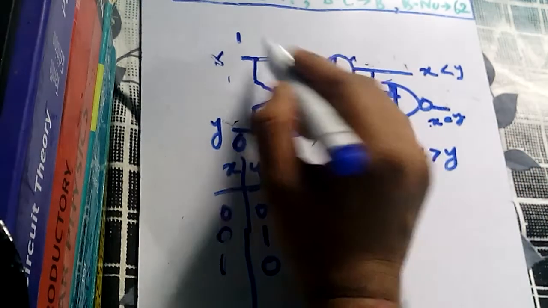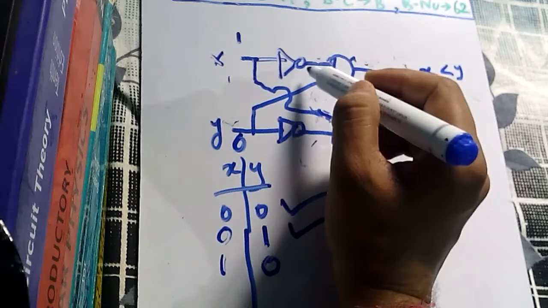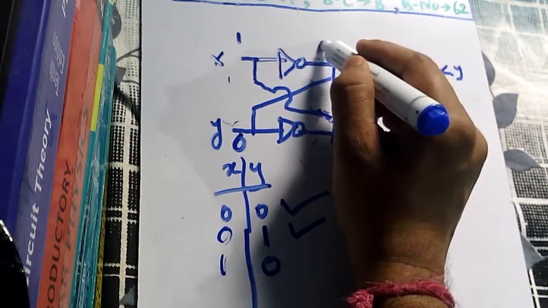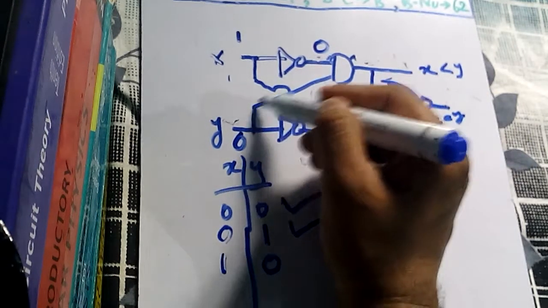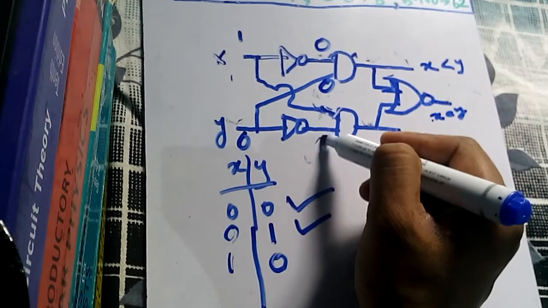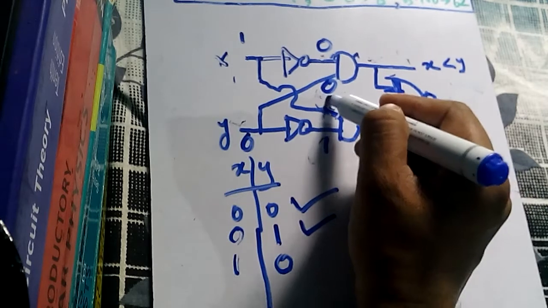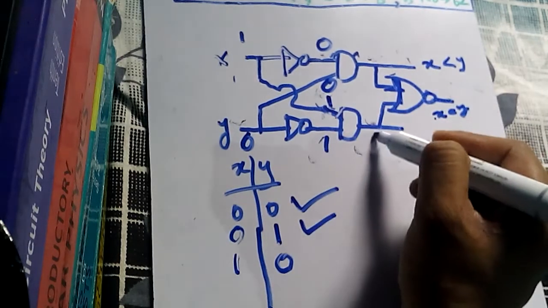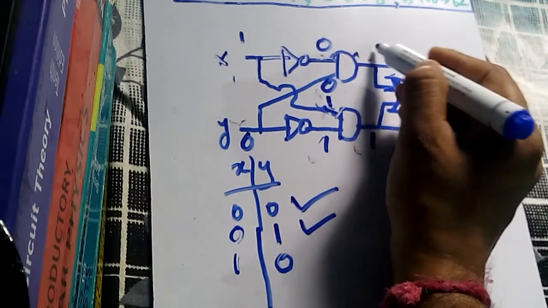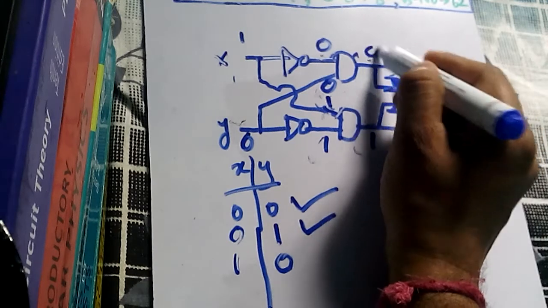So what happens, this 1 goes through this NOT gate and it becomes 0. Here this y goes here and remains 0. This becomes 1 after passing through the NOT gate, and here we get 1. So in this case this 1 1 gives 1 here, this 0 0 gives 0 here.